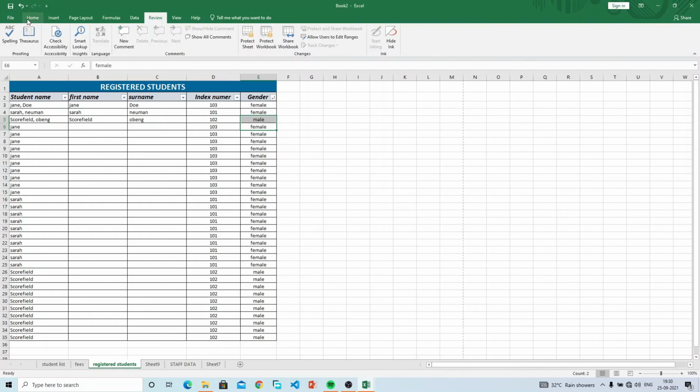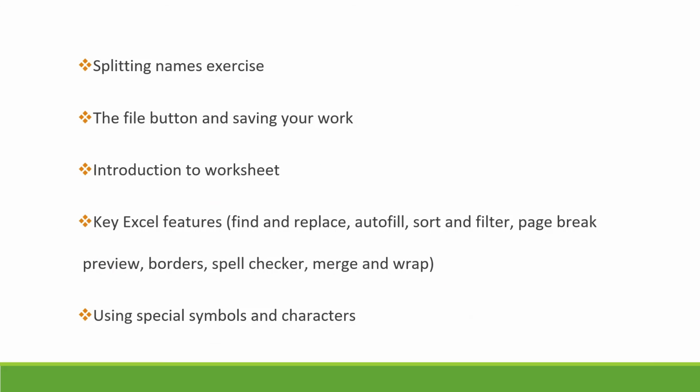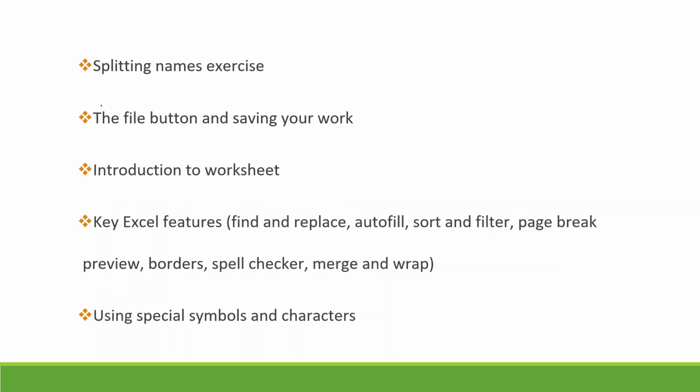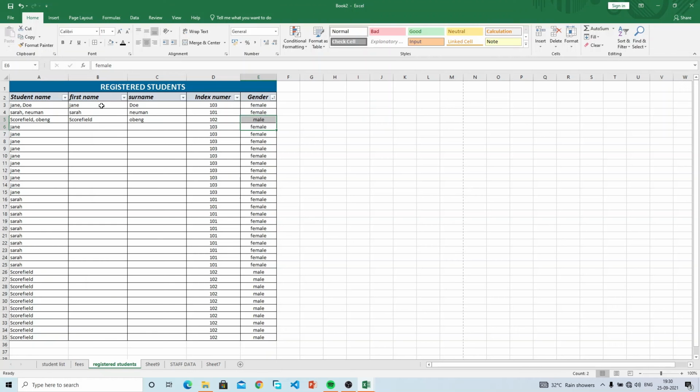All right, so we are done with spell check. The next thing after spell check was autofill. All right, so autofill and then the file button. Okay, so autofill simply means automatically filling up your cells.